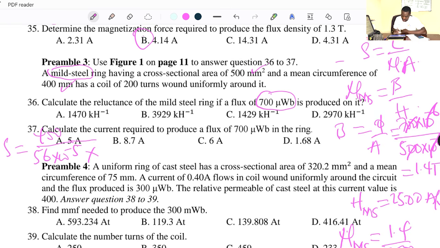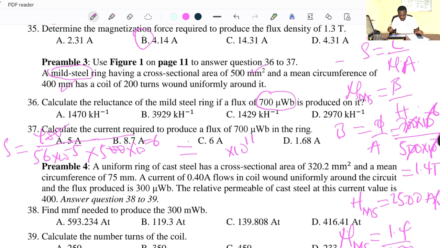We already know the area to be 500 times 10 to the power minus 6. So we can cancel this with this, 400 with this, and we just have 10 raised to the power 11.